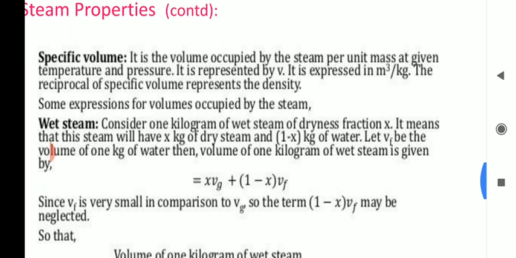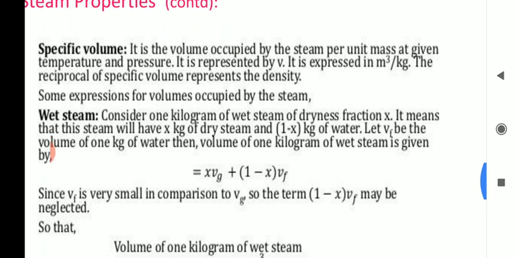It is the volume occupied by the unit mass of any substance. Here it is the volume occupied by the unit mass of the steam. It is usually expressed in meter cube per kg, meter cube for volume and kg for the mass.